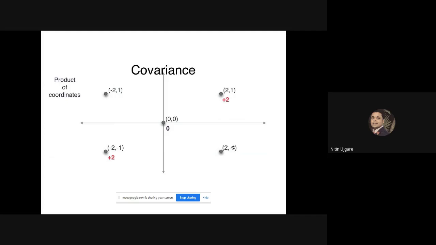So this is the x coordinate value, this is the y coordinate value. If I take the product of the coordinates for this point, -2 into 1 will be -2, 2 into -1 will be -2, -2 into -1 will be +2, and 1 into 2 will be +2. So this indicates that these 2 points have positive value, that means positive covariance, and these 2 points have negative covariance.